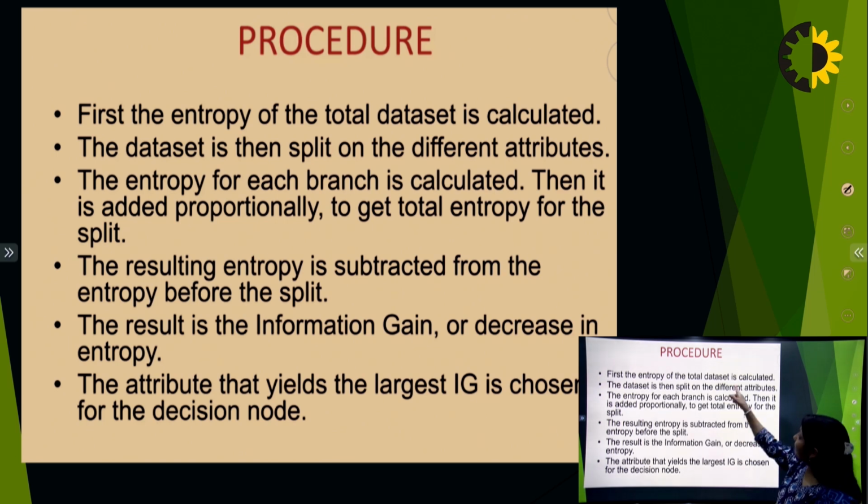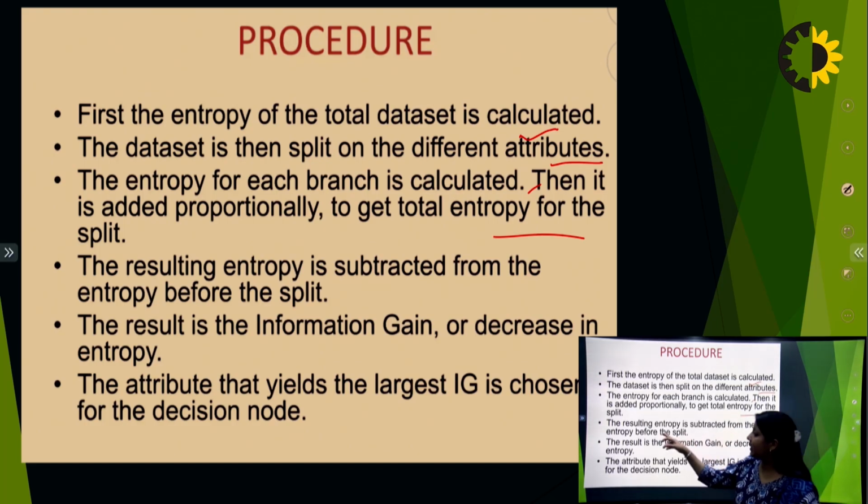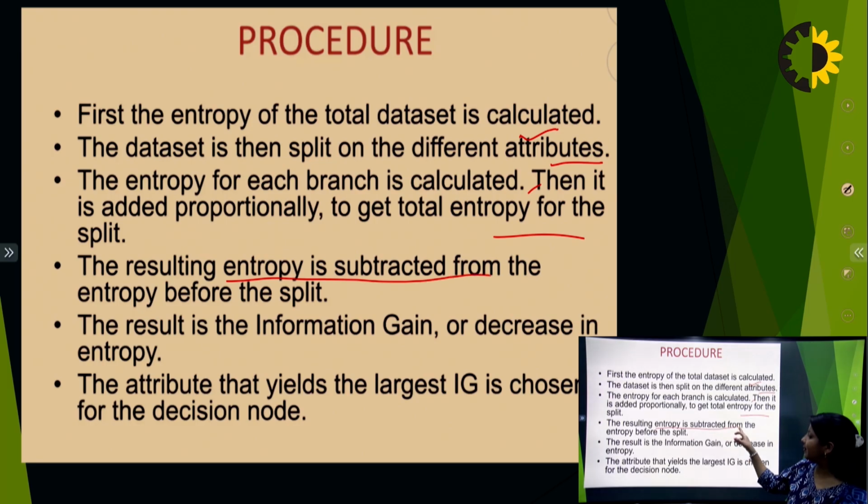So first the entropy of the entire data set is calculated. Then the data set is split on different attributes, meaning we have different decision trees. Then the entropy for each branch is calculated, and then it is added proportionally, meaning yes case plus no case, to get the entropy for the split, and the resulting entropy is subtracted from the entropy before the split.